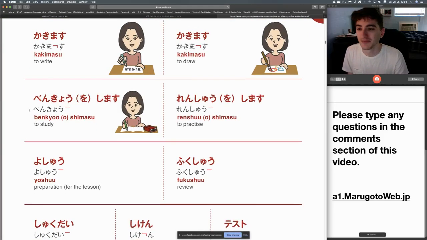To study. Now, this is a good one. The word studying in general is just 勉強. Okay? Studying. Now, again, if you want to say, I am doing something, you add をします.